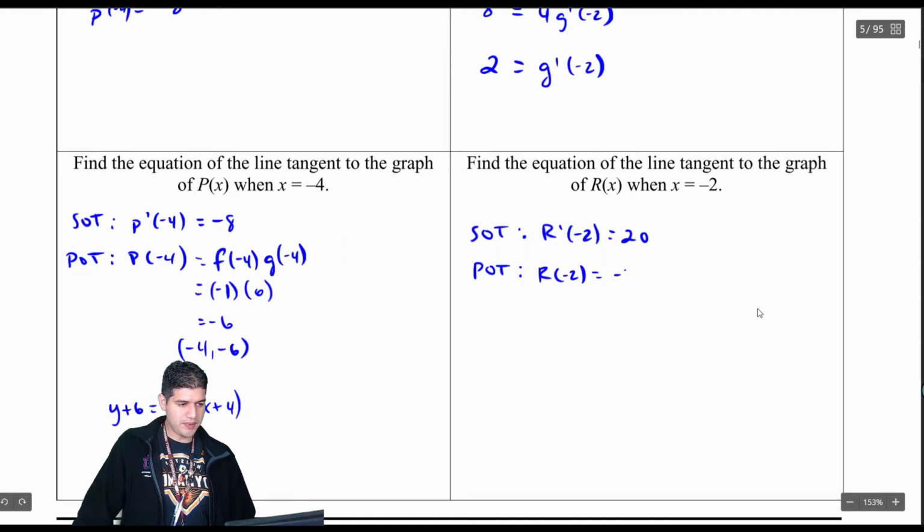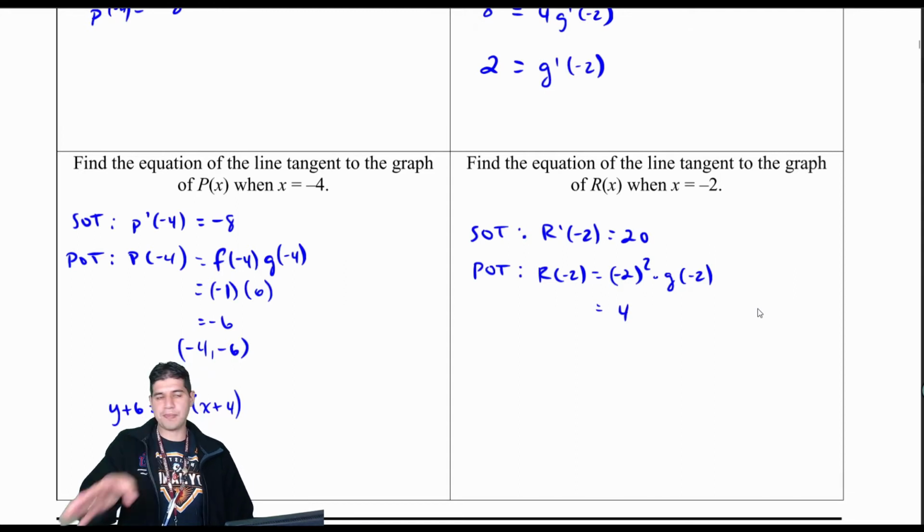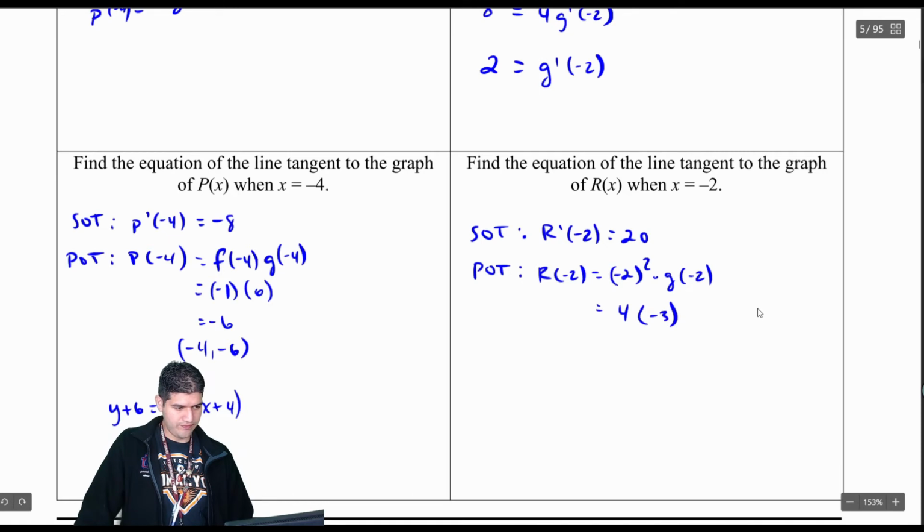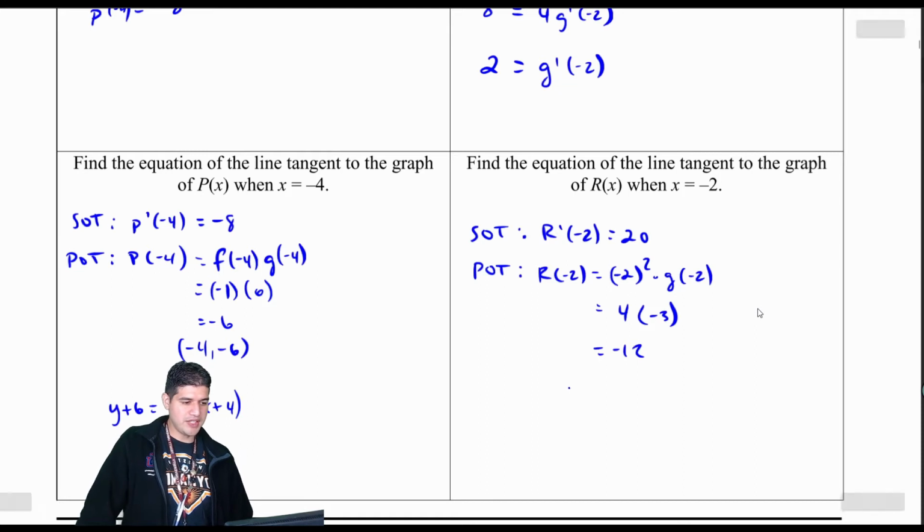That's negative 2 squared times g of negative 2. That's 4 times g of negative 2, which from the graph is negative 3. I multiply those together and get negative 12. So my point of tangency is negative 2 comma negative 12.